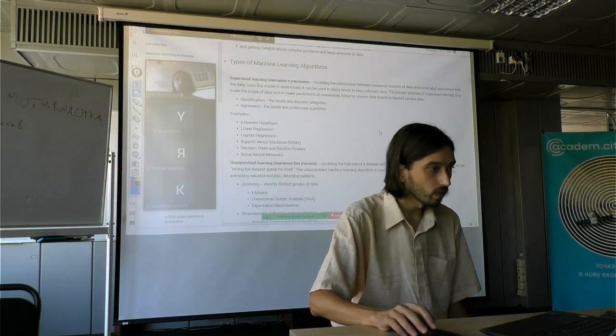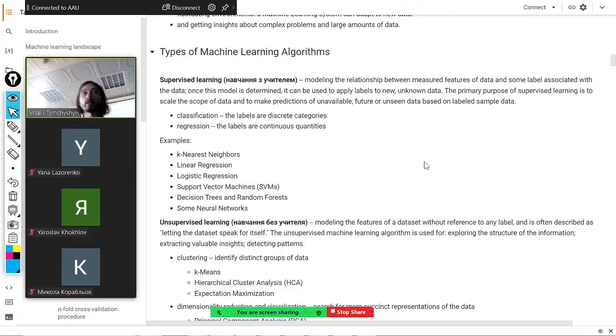Okay, so types of machine learning algorithms. There are many kinds of classifications of machine learning algorithms, but I want to show you just one that is often used. I just want you to know the terminology, nothing more. First of all, supervised learning. That's when you are modeling the relationship between measured features of data and some label associated with that data.